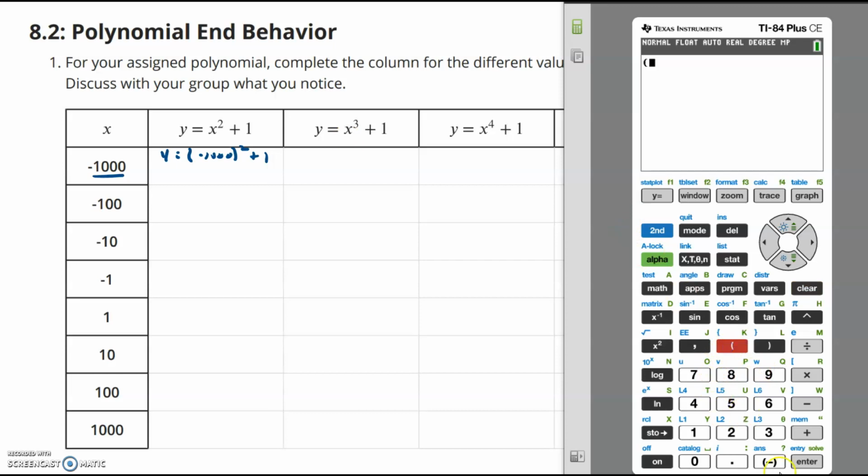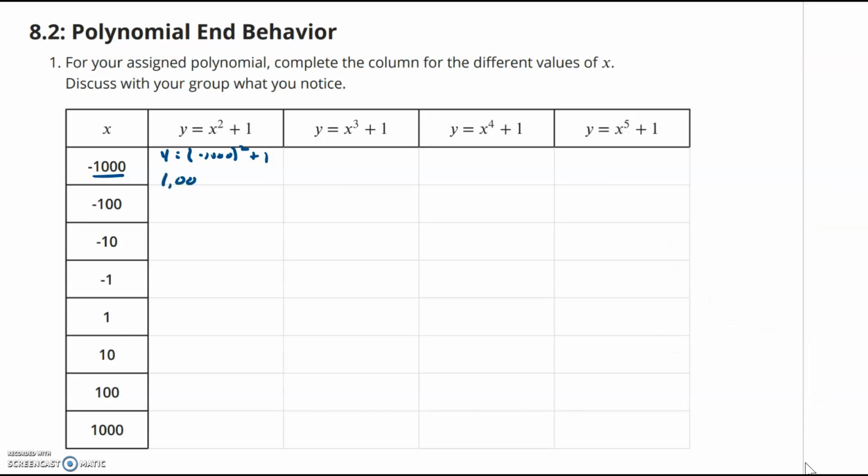Make sure you put your negative sign inside parentheses. So negative 1,000 squared plus 1. And we get this big number, 1,000,001. Okay, so that's what we want to do, and we want to fill out every one of these squares.